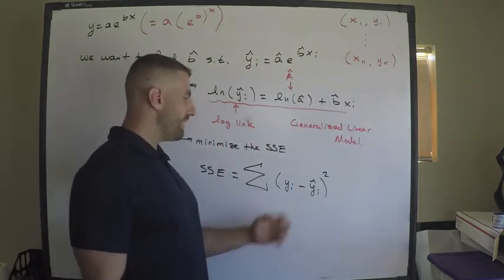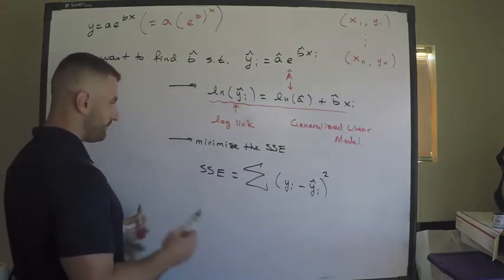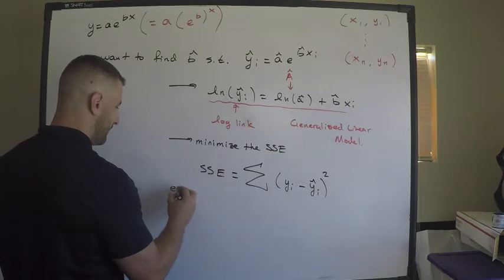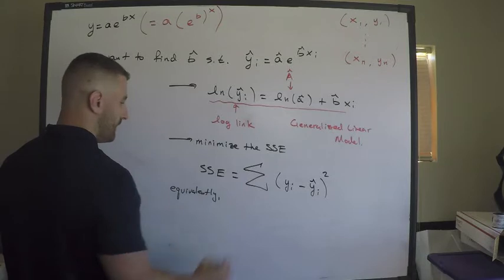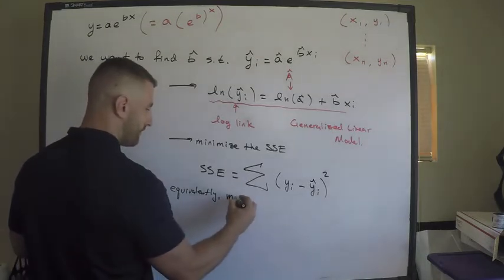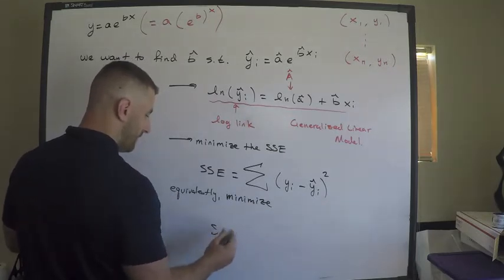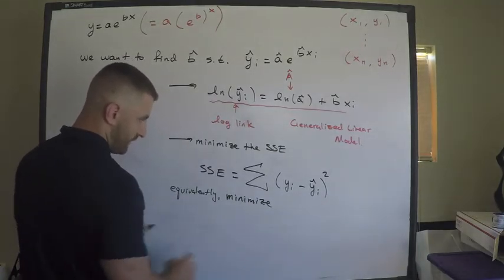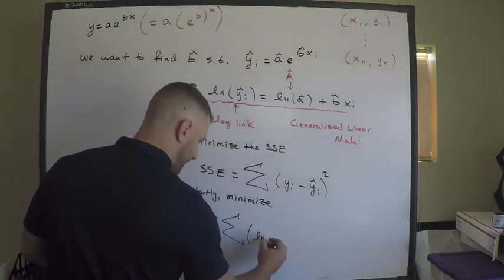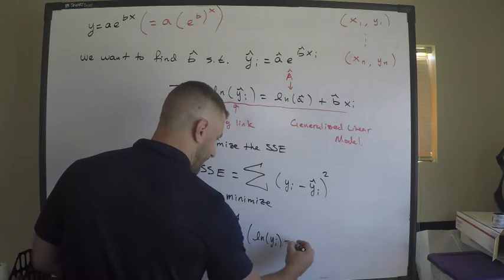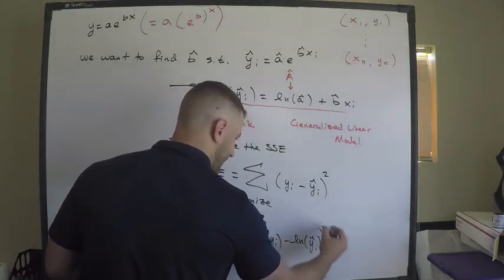So we need to minimize this, and this is equivalently, we want to minimize the sum of ln of yi minus ln of yi hat, quantity squared.